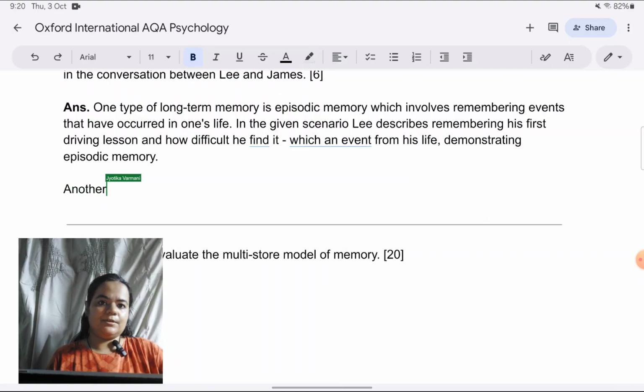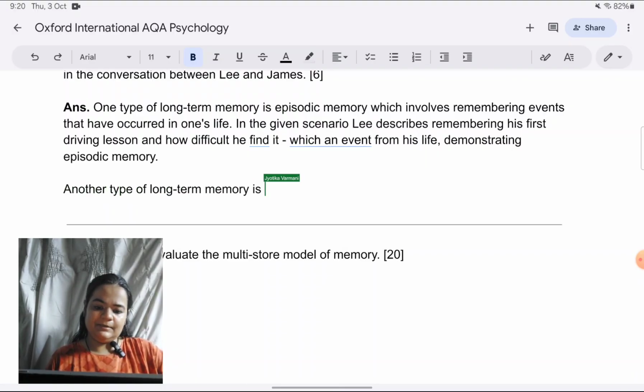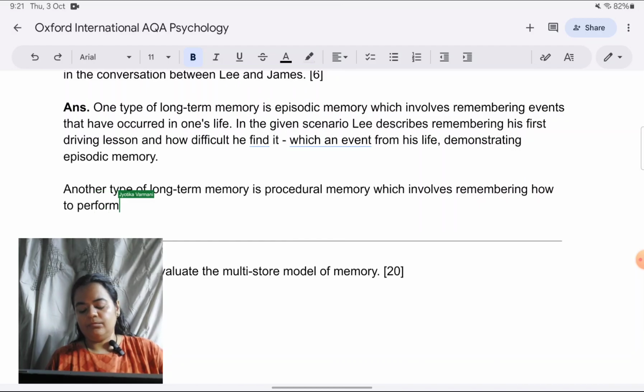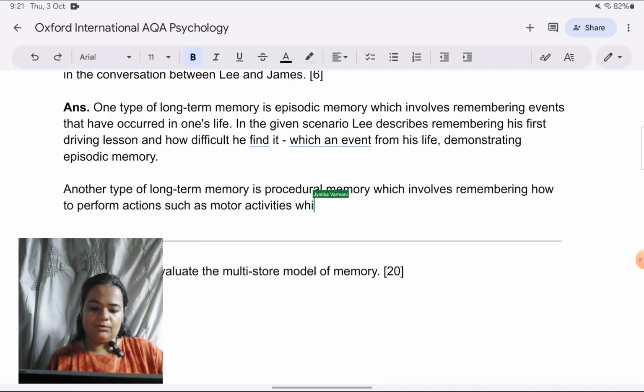Another type of long-term memory is procedural memory, which involves remembering how to perform actions such as motor activities which become automatic after sufficient rehearsal and practice.